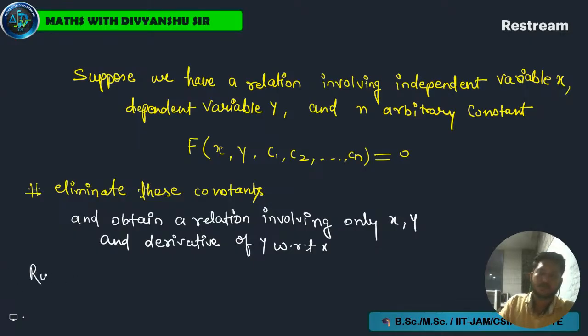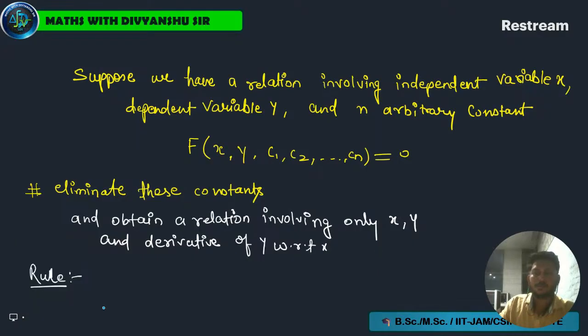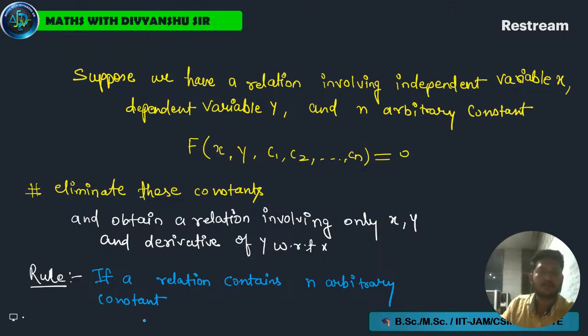So the rule says that if a relation contains an arbitrary constant, then differentiate it n times.